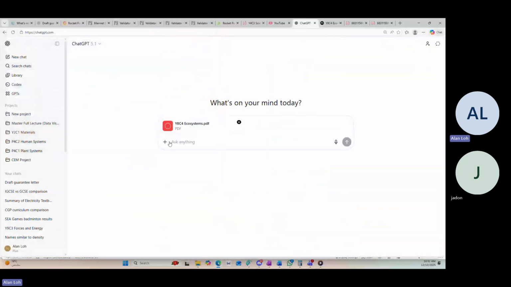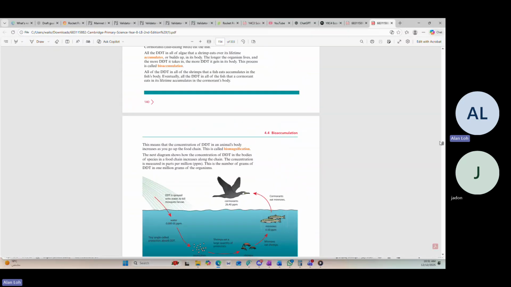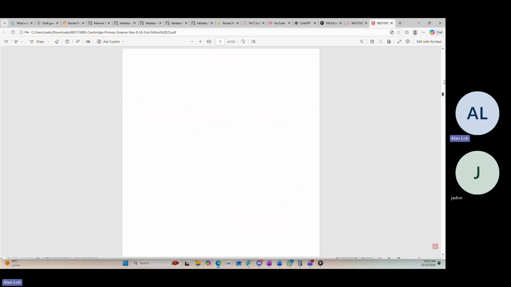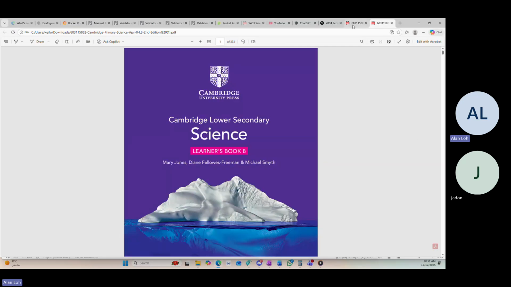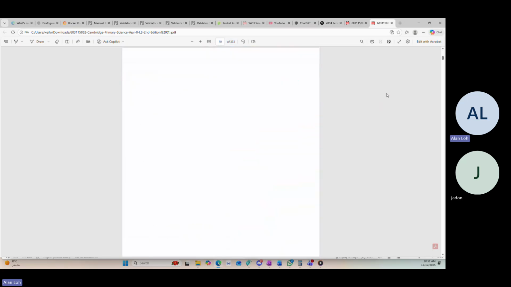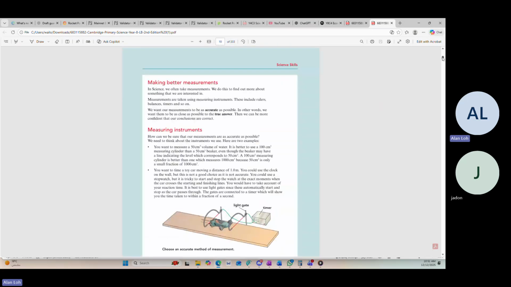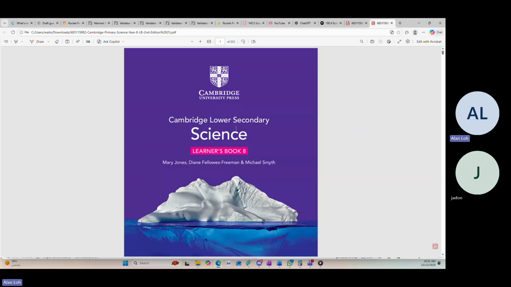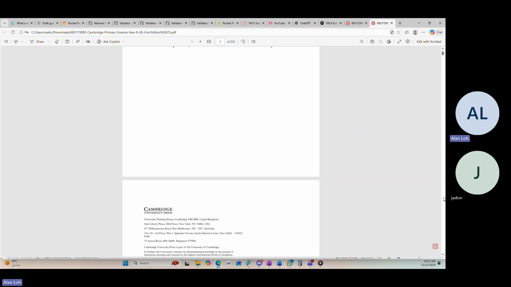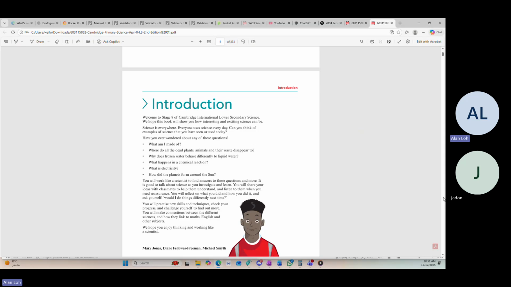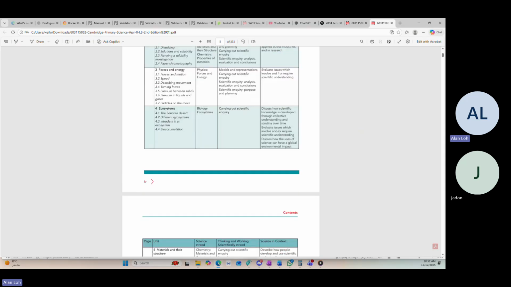I'll upload this textbook. Okay, I'll show you what is in this textbook. We'll just go through it quickly. No, this one. Let me go through it quickly. I took this from this book, and it's this chapter, ecosystem, chapter 4.